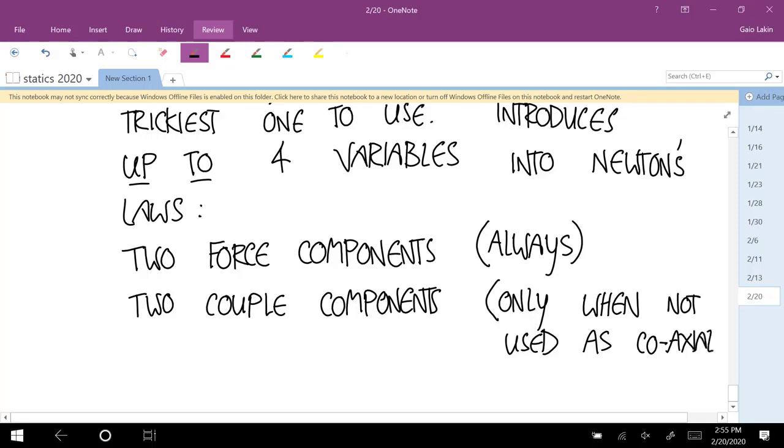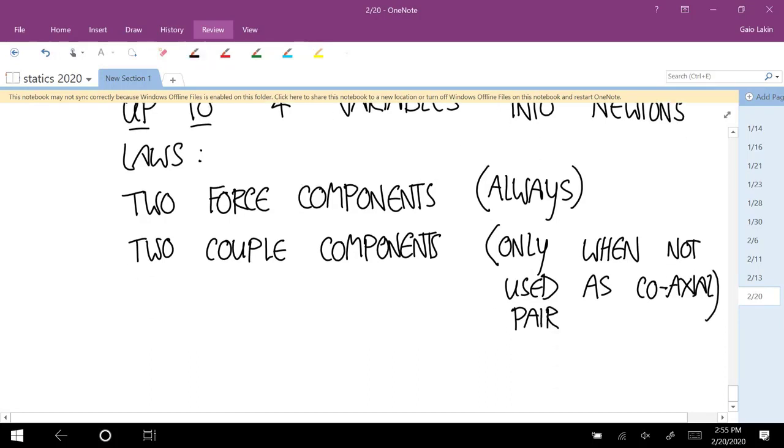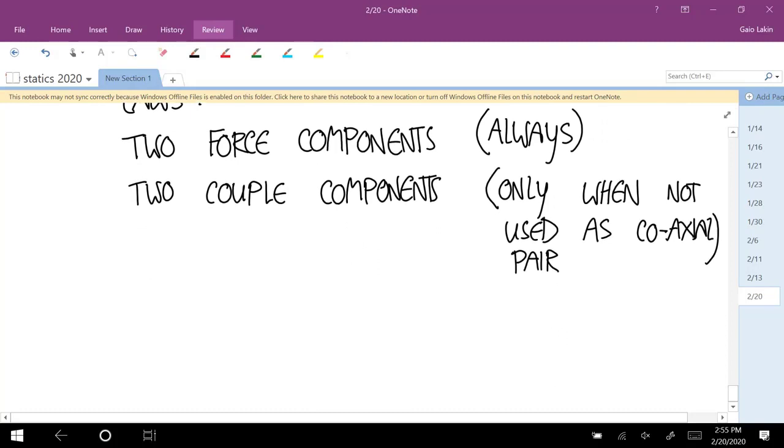Okay, I just made up that phrase, but a pair that has the same axis. That sounds like an official thing. It's not. Okay, so let me show you how that works.